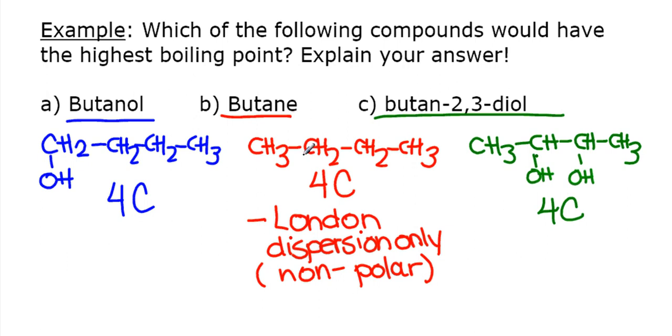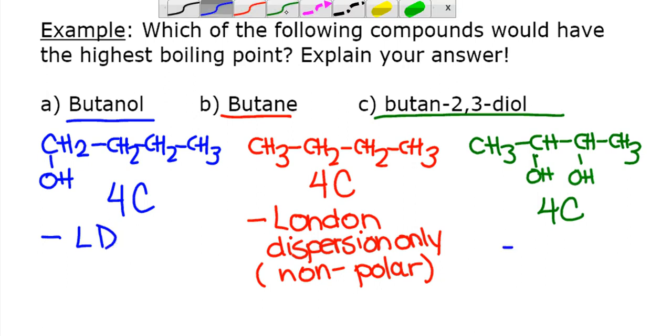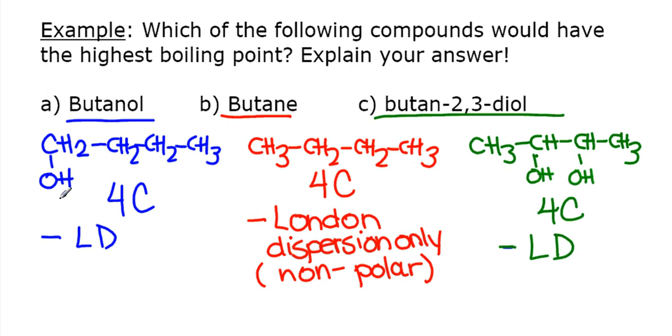Carbon-carbon bonds are non-polar, carbon-hydrogen bonds pretty much non-polar. If we start looking at the 2 alcohols, will you have London dispersion? Sure. There'll be London dispersion for both of these. But because you have the hydroxyl group present in both, you're going to have some hydrogen bonding. With butanol, you have 1 opportunity for hydrogen bonding. But with the butane 2,3-diol, you have 2 opportunities for hydrogen bonding.